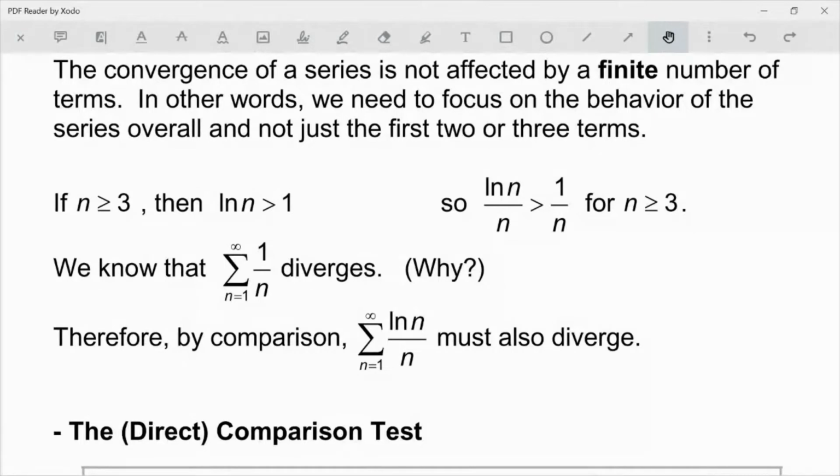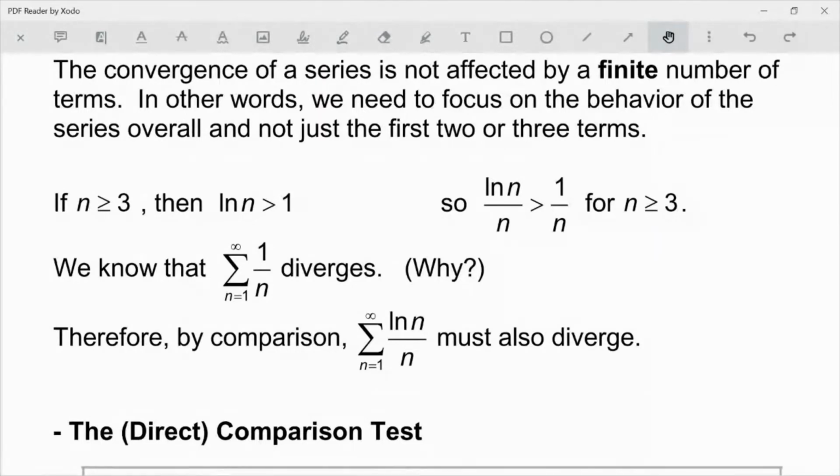There was a problem towards the end of the notes that I told you to make sure you take a look at. And the idea was we could figure out the convergence of an improper integral based on looking at a function that was similar to the one that we were looking at, but maybe slightly larger. If the integral of the larger function converged, then that means the integral of the smaller function would also converge. So we're using that same general logic when we go through these types of questions with the direct comparison test.